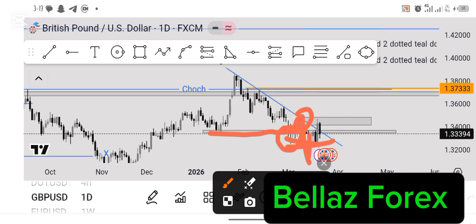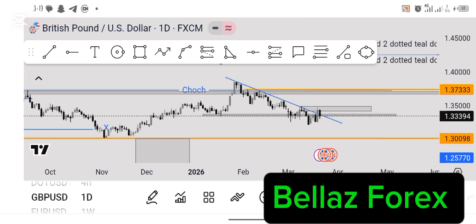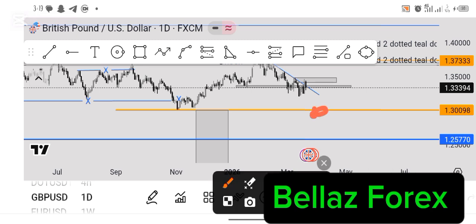I love my wicks broken, especially when I'm looking for confirmations to either buy or sell. So that's what actually happened, guys. On the chart, I'm very interested in this move from this yellow line to this blue line, which is 1.25770.